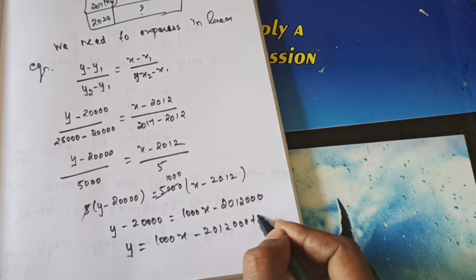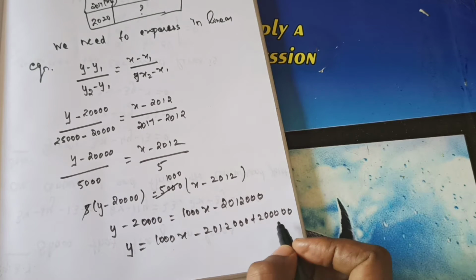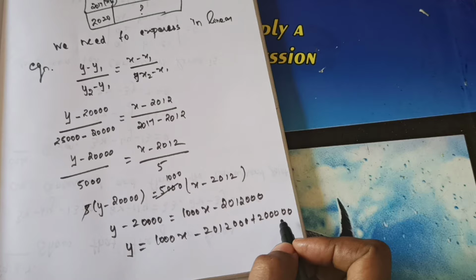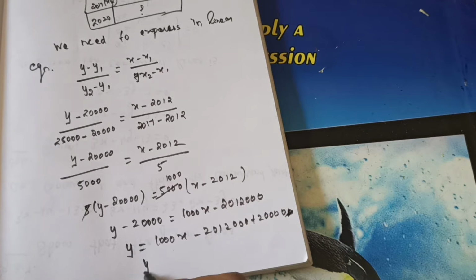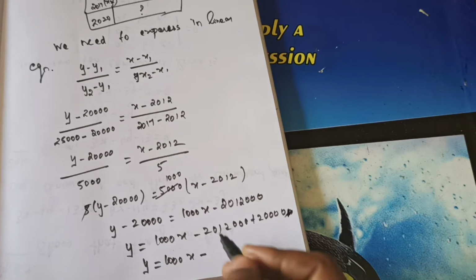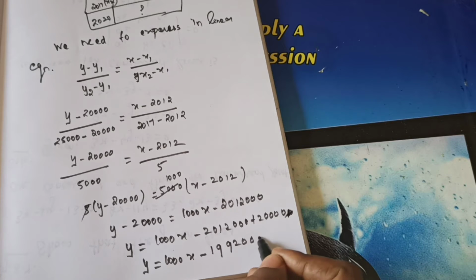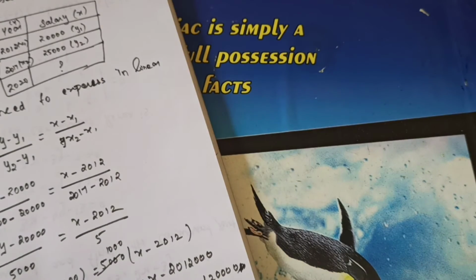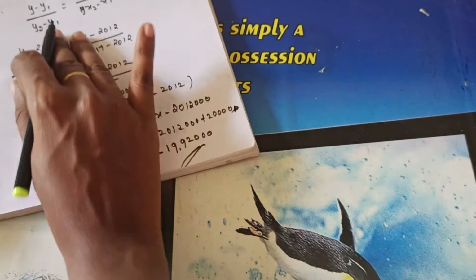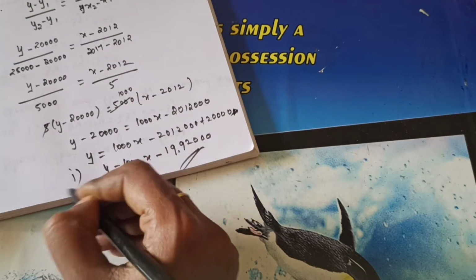Bring this to here, plus 20,000. Now y is equal to 1,000x minus 1,992,000. Okay, subtract it. So now, this is a linear equation. Have you got the linear equation? This is the answer for the first problem.